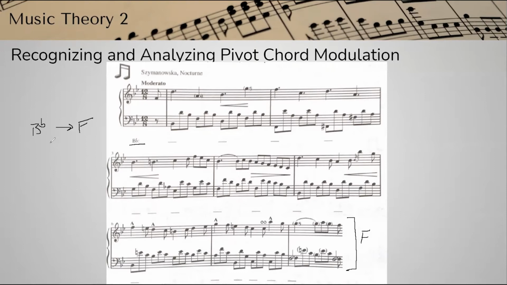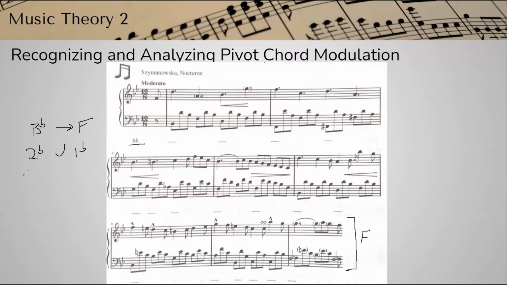And another thing to figure out first is, are these two closely related keys? Because closely related keys are usually the keys that have pivot chords and are the ones involved in a pivot chord modulation. And if we look at their key signatures, B flat has 2 flats and the key of F has 1 flat. So yes, they only have 1 note difference, right?